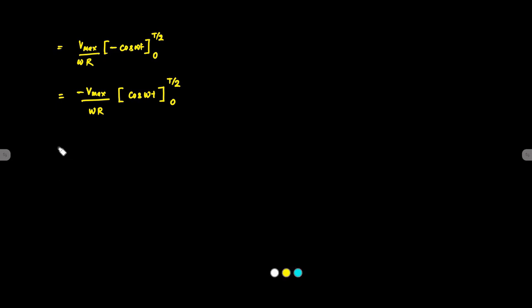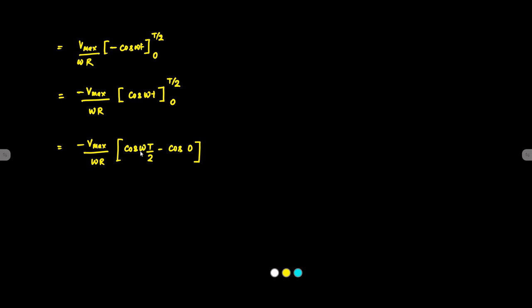So it is equal to minus V max by omega R, cos omega t by 2 minus cos 0.